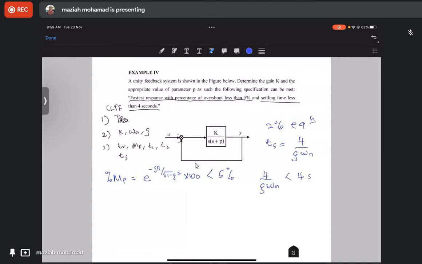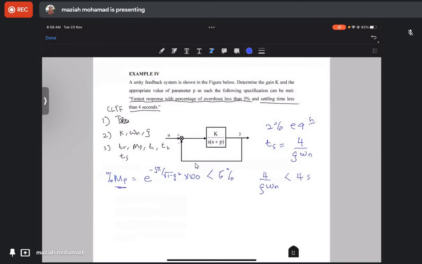So we're going to start with maximum overshoot because the equation for maximum overshoot is based on only one parameter, which is zeta. There is no omega n in the equation. So we have one equation, one parameter, so we can solve for zeta.